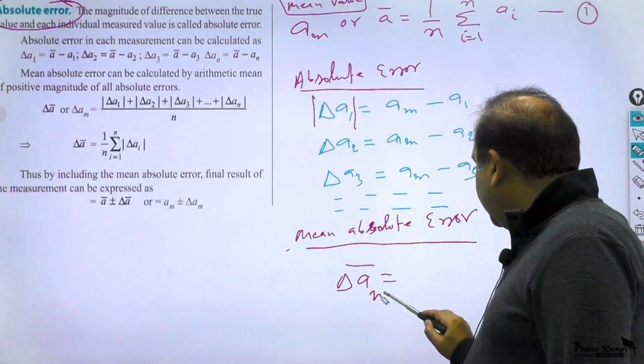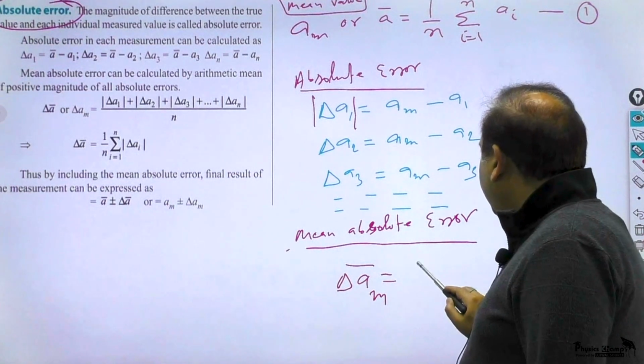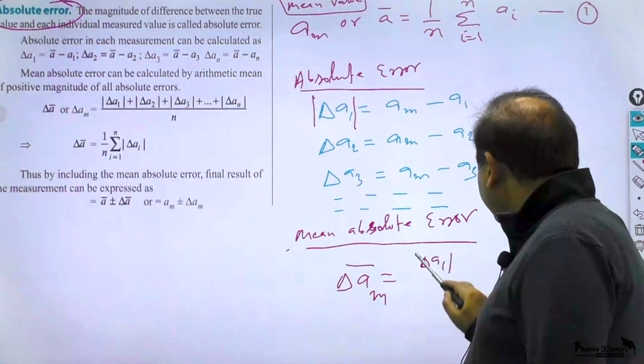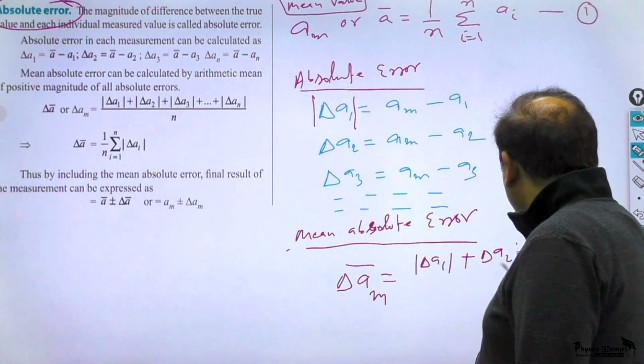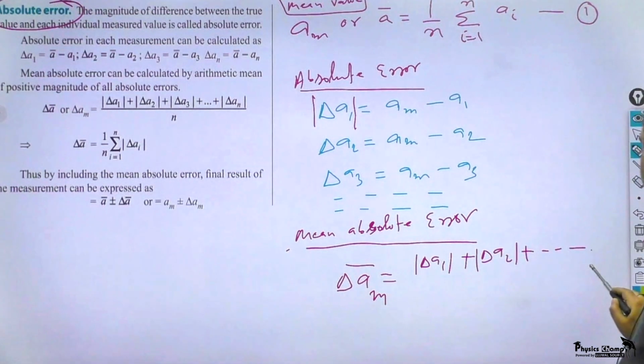It can be written as absolute delta A1 plus absolute delta A2 plus so on, divided by n.